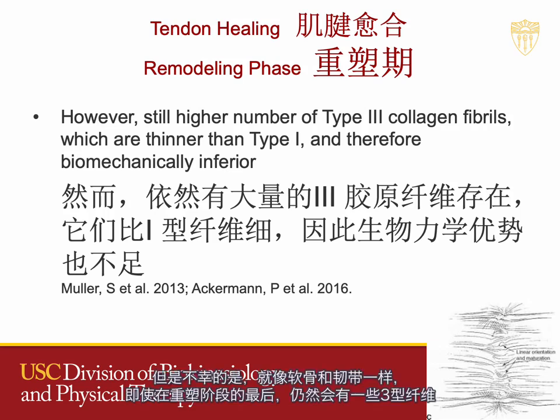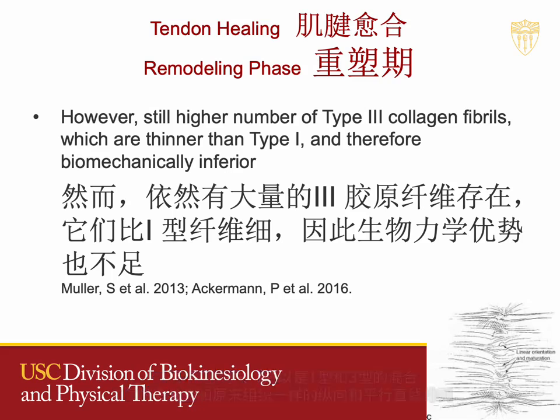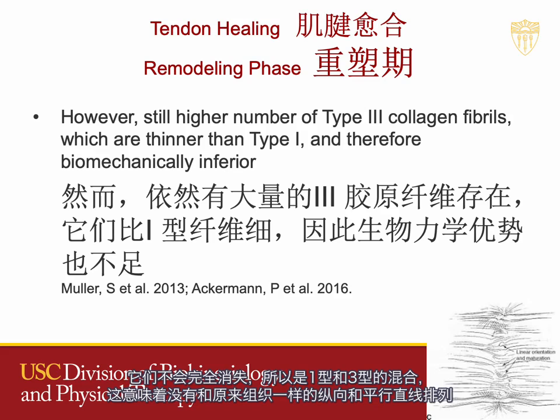Okay. The frustrating thing, just like we talked about with cartilage and we talked about with ligaments, is unfortunately, even at the end of the remodeling phase, we still have some type 3 collagen fibers. They don't completely go away. And so it's kind of a mix of type 1 and type 3, which means that we don't have that beautiful longitudinal pattern, those beautiful parallel straight lines that we had with the original tissue.